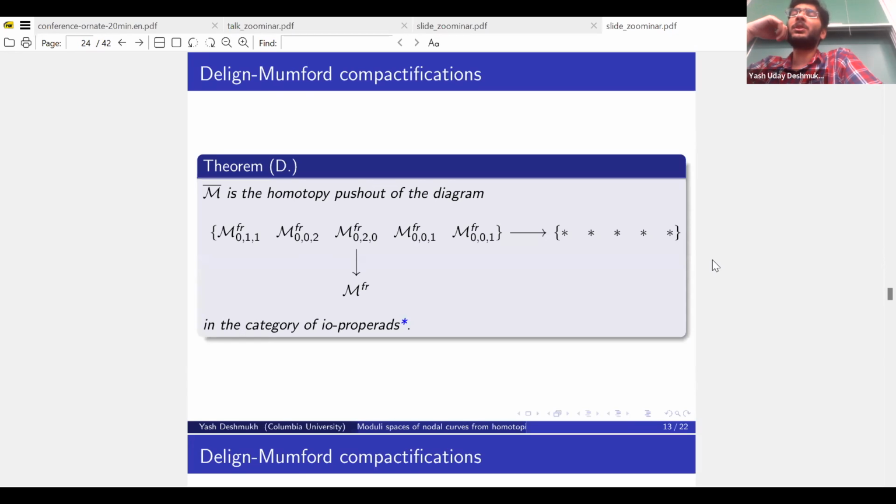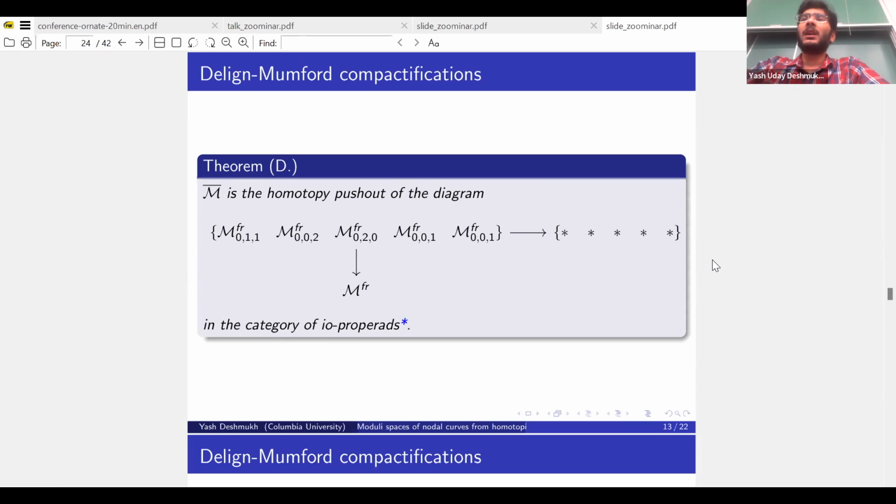So the theorem is going to be that the Deligne-Mumford properad, so the properad constructed out of Deligne-Mumford compactification, is some homotopy pushout of a diagram. So I'm going to say in a minute what the diagram means. So let's just note that the lower left corner of the diagram is the properad of uncompactified moduli spaces.